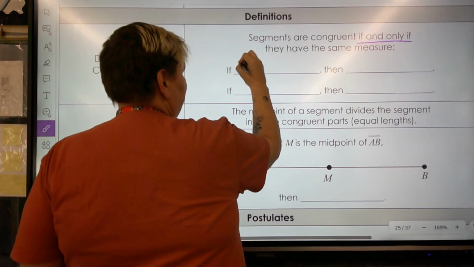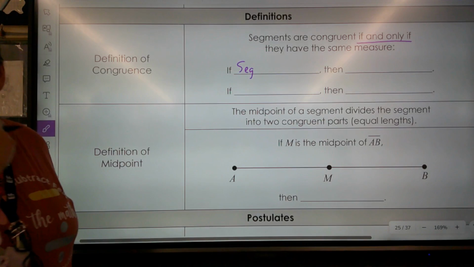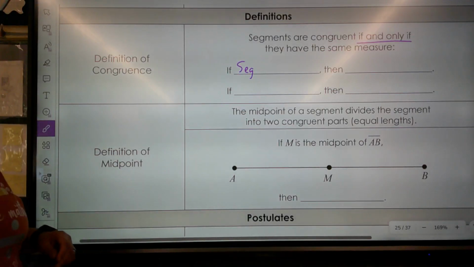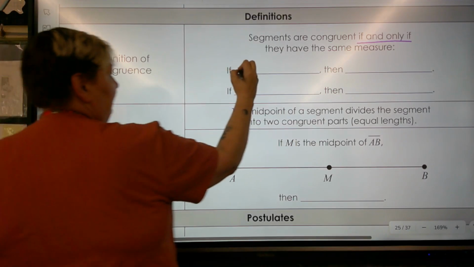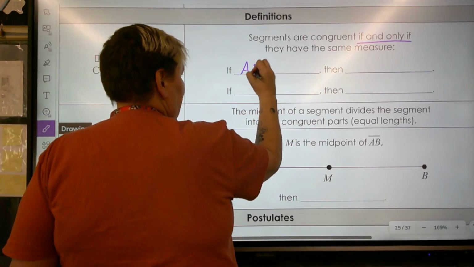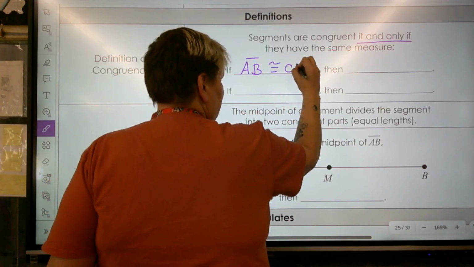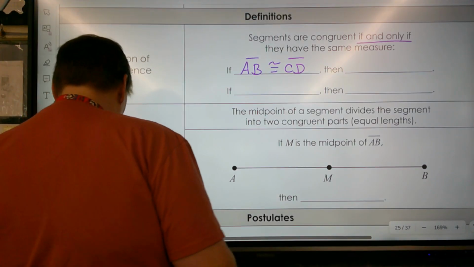So if segments are congruent, let's use the letters. Let's be specific about our segments. If segment AB is congruent to segment CD, then they are equal.